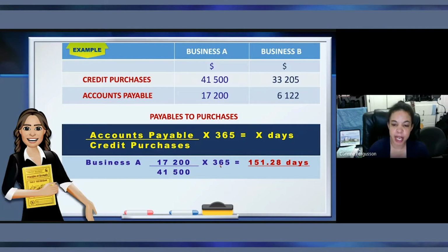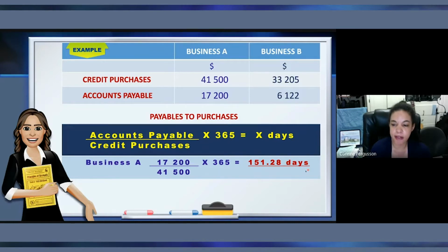Then you multiply by 365 to express it in terms of days, and you get an answer of 151.28 days, or 151.3 days, depending on how you're rounding it off.